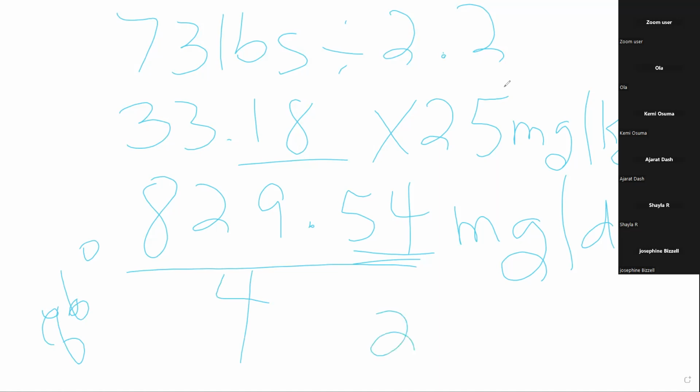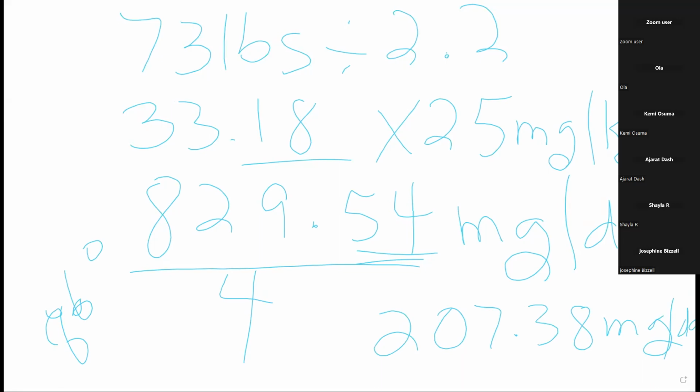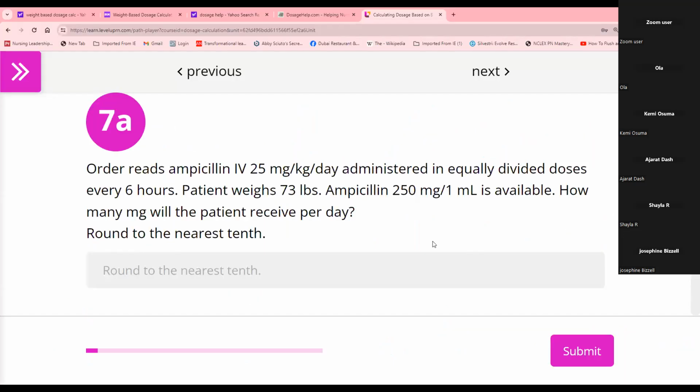And that means he's getting 207.38 milligrams per dose. Anybody not understand that? Okay.